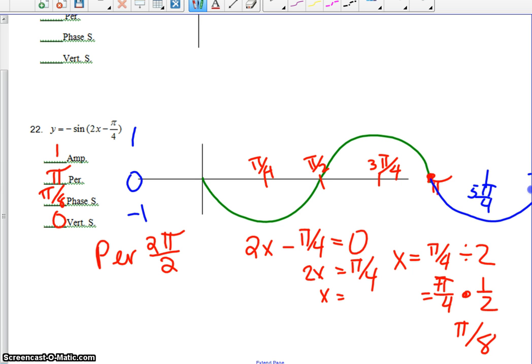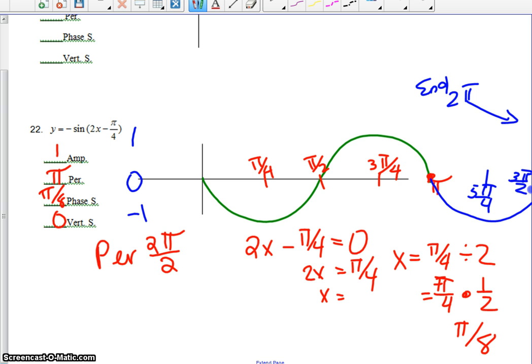The halfway point here would be 3 pi over 2, because it was 6 pi over 4. Then it goes to 7 pi over 4, 8 pi over 4. So it ends at 2 pi.